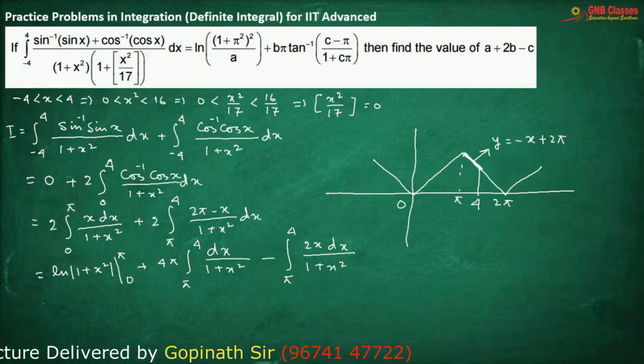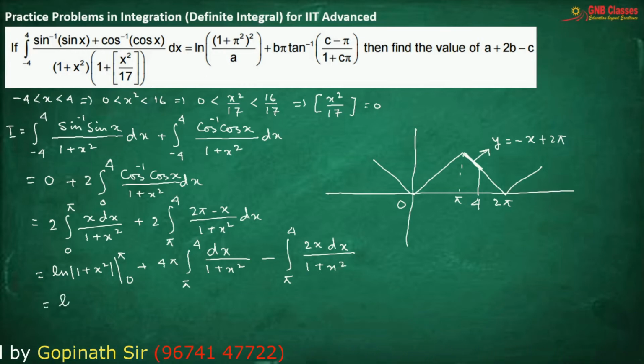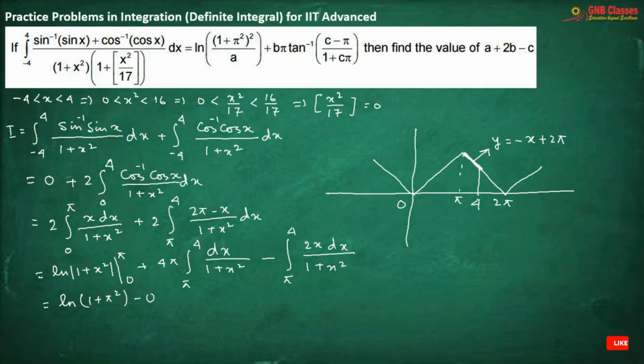So we are getting ln(1 + π²) minus 0, plus 4π[tan⁻¹ x], minus... is it clear?